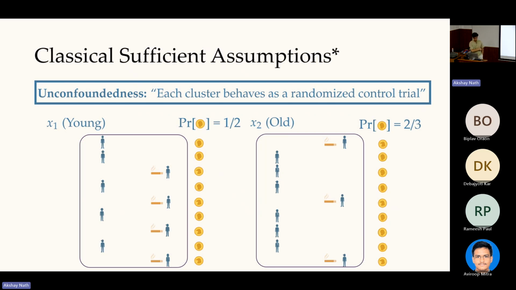And there is no way to know this probability from the observed data. If you make this assumption, then there is a way to estimate the probability, because you can just take the expected number of old people who smoke, and that's a Bernoulli random variable, and you get a good estimate of the probability.